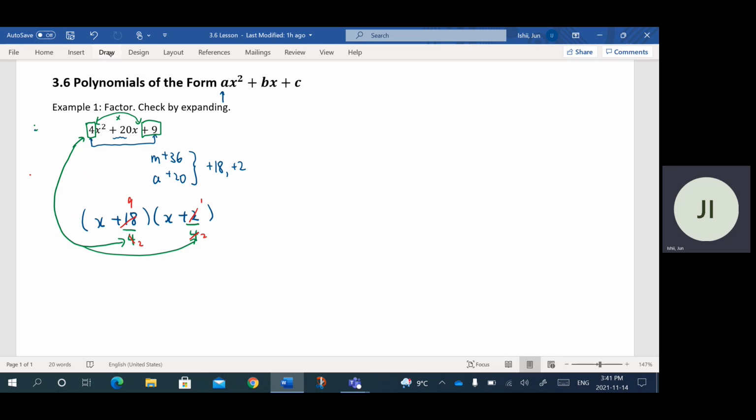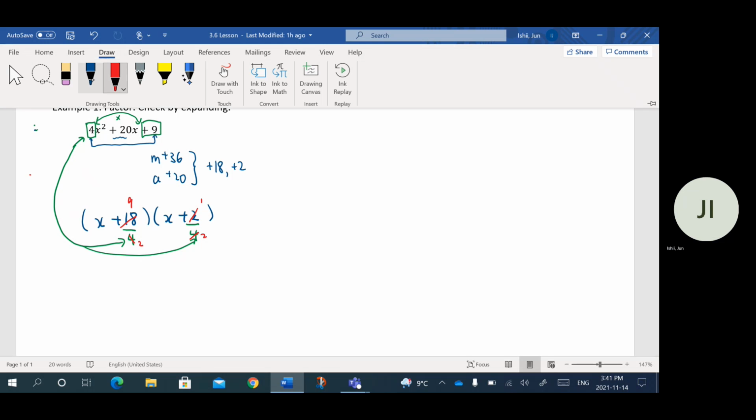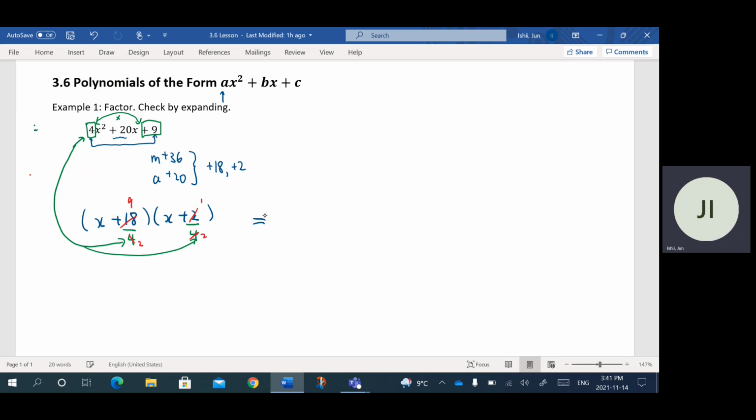Once I've done that, in the brackets here, I don't want to write equal, so I'm just going to write an arrow. So this is x plus 9 over 2 and x plus 1 over 2. Again, if you can reduce the fractions, you reduce them.